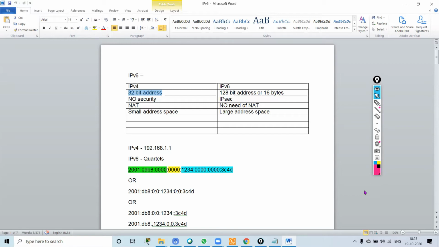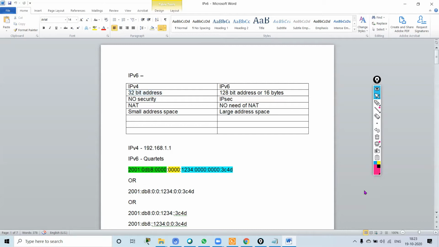It identifies a specific device in the network. There is no inbuilt security available in IP version 4, but with IP version 6 we have IPv6 security available inbuilt. IP version 6 is the next generation of addressing using the TCP/IP protocol.